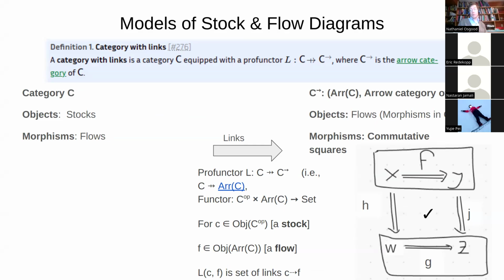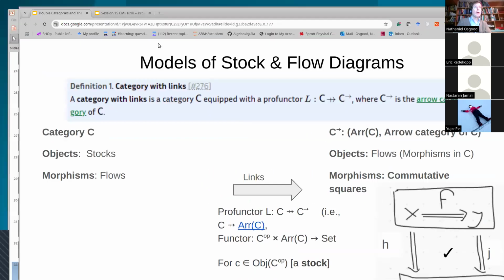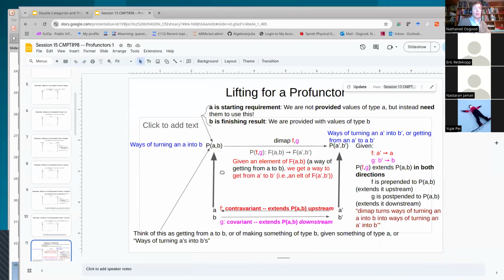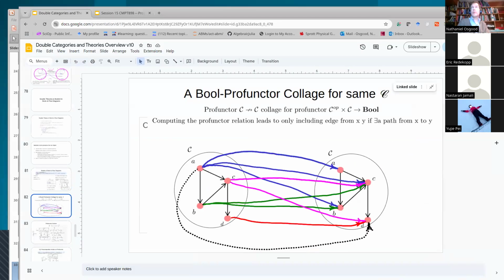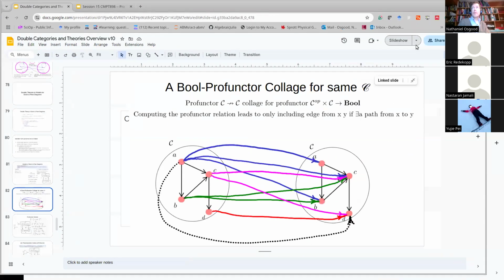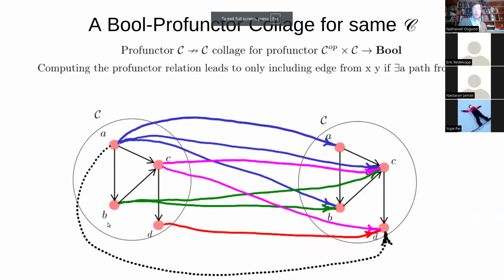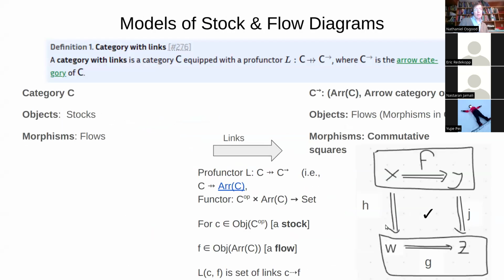So if we have one of these bridges, we can pre-compose it with a morphism over here in the left category, or we can post-compose it with a morphism here in the right category. Here they happen to be the same as shown, but okay.